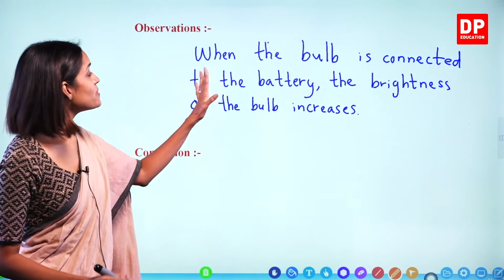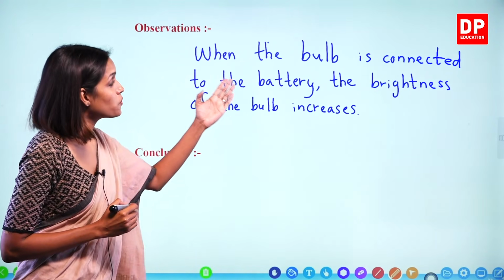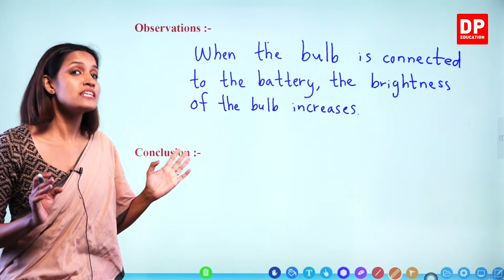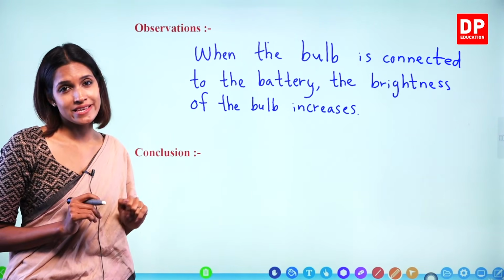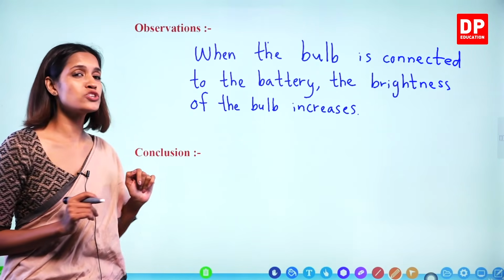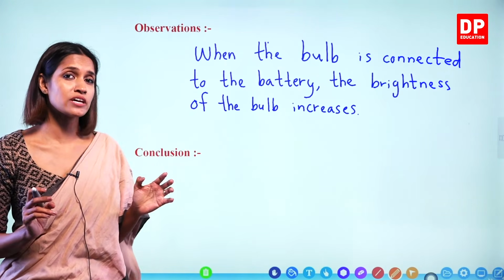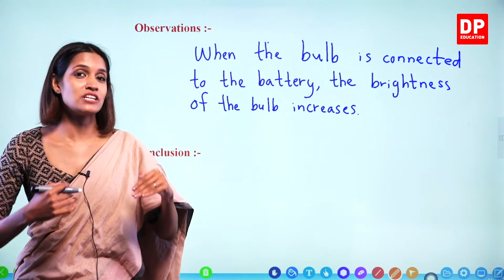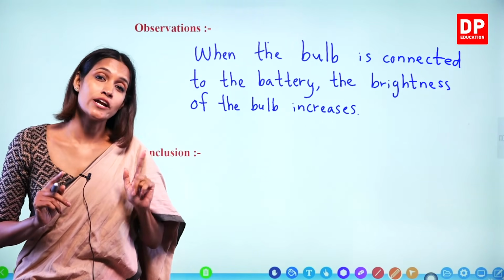Right? When the bulb is connected to the battery, the brightness of the bulb increases than when it is connected to a single cell, one dry cell. Right? What is the conclusion? What is the reason behind this? Because the battery supplies more electric current than using a single cell, one dry cell.